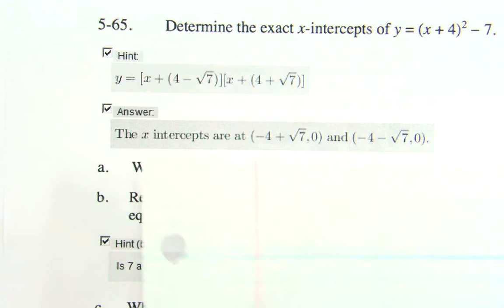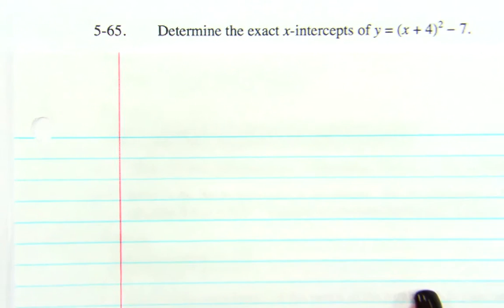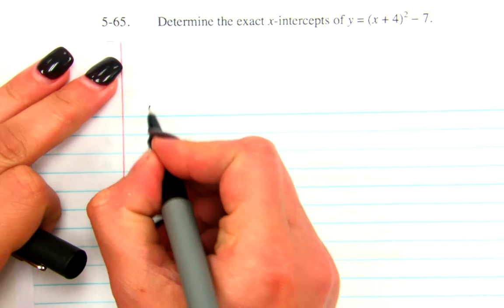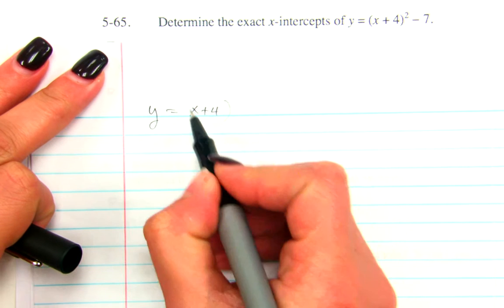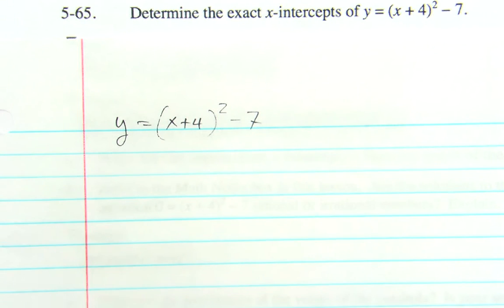So the first thing that we did in class, so I'm going to cover this up because I need to write. Besides rewriting it, which is what I'm going to do now, (x plus 4) squared minus 7, you want to find the x-intercept, if you recall.